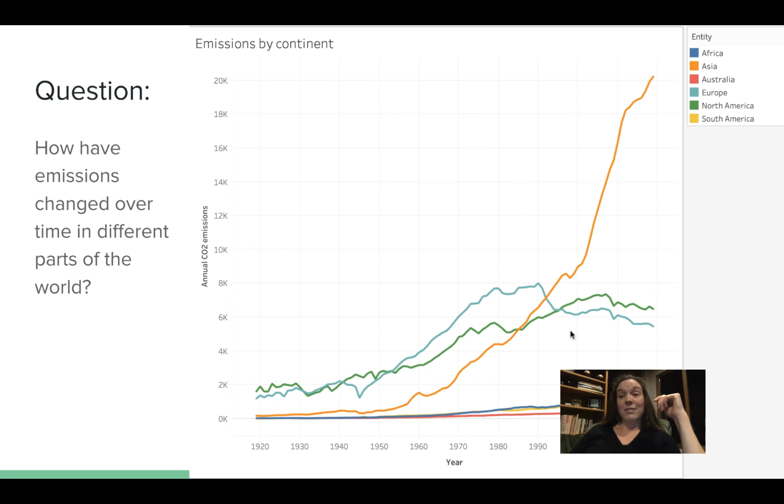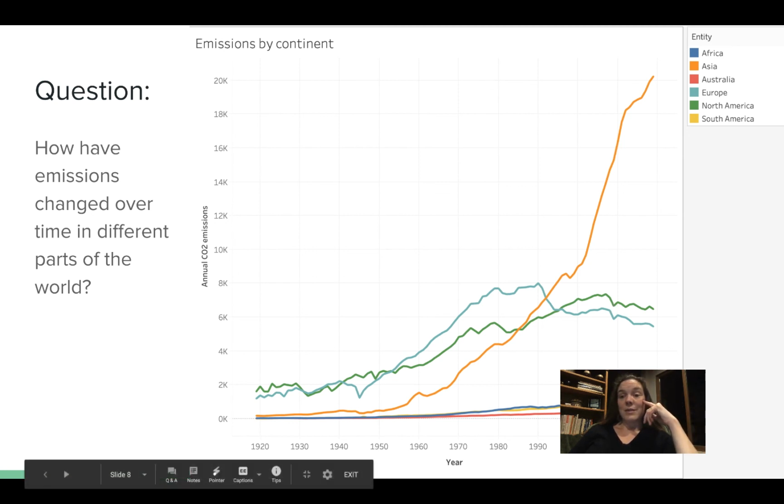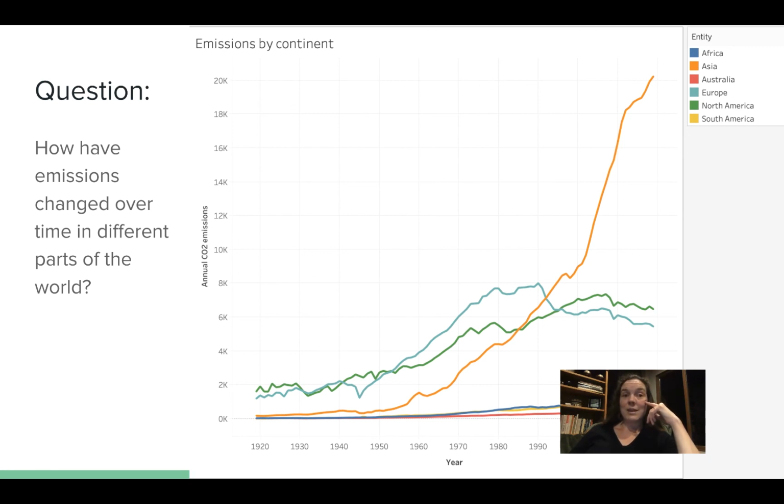Interestingly enough, Europe, beginning in the 1980s or 1990s, and the United States, beginning more recently after the Great Recession, have both experienced a decline in the production of greenhouse gas emissions. Other regions like Africa, Australia, and South America still maintain low levels of carbon dioxide emissions. So there is huge global variation in the amount of greenhouse gases that we produce.